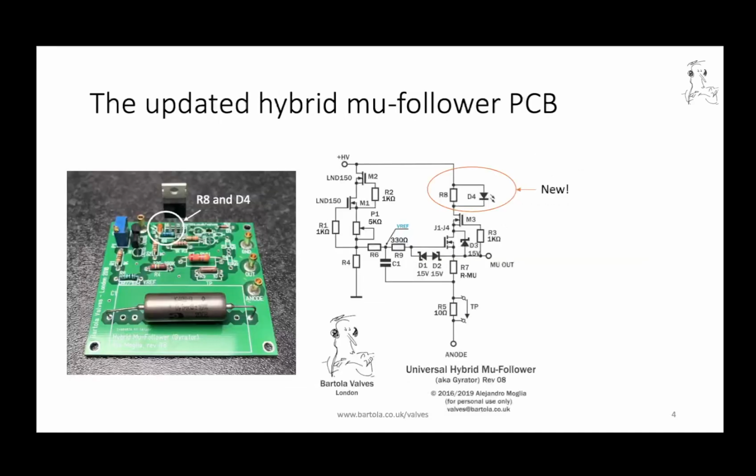So the solution that I came up with was to add one simple component, a resistor in series with M3 with a drain, and in parallel with the resistor is an LED, and I'll get back to the LED in a minute.